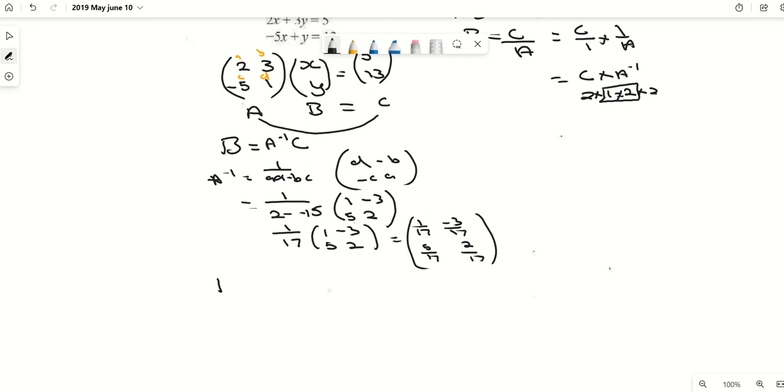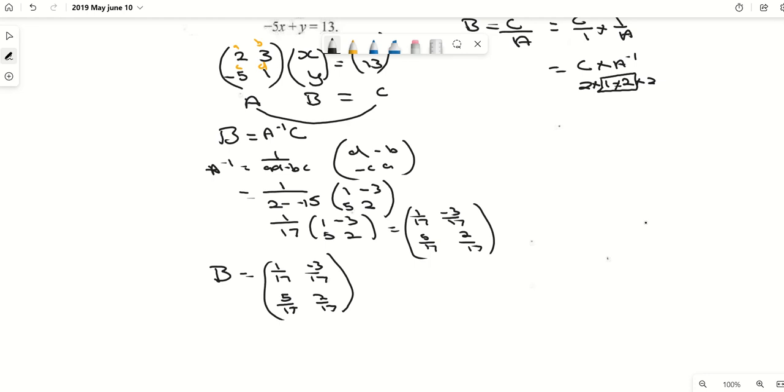So B, which is an unknown of x and y, is equal to 1 over 17, minus 3 over 17, 5 over 17, and 2 over 17, multiplied by C, which is, what was C? 5 and 13, right?